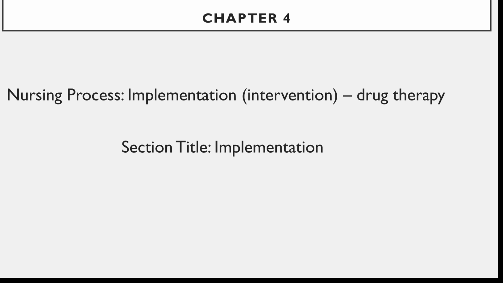So during the implementation phase, the nurse administers and documents the medication. Very important to know which phase you're using if you were identifying your intervention. Your intervention is to give the drug and document related to the drug.